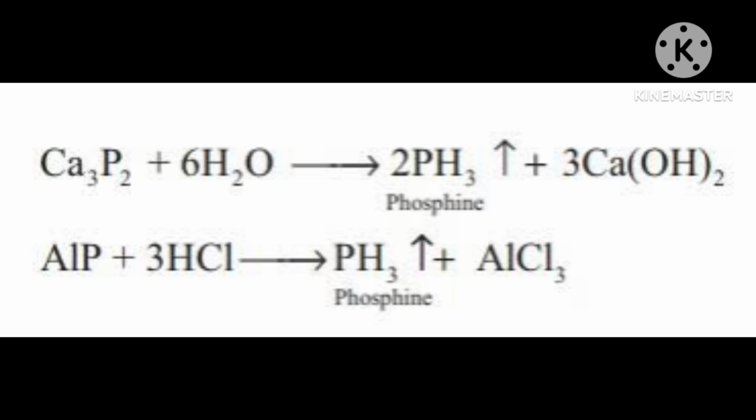Here phosphorus is sp3 hybridized, which means total 4 orbitals will be there: 1 s and 3 p become 4 sp3 orbitals.